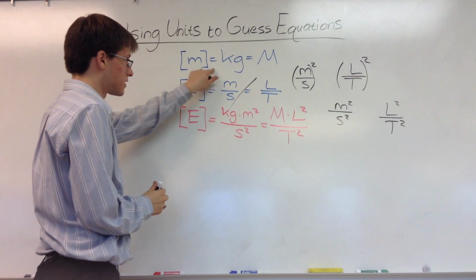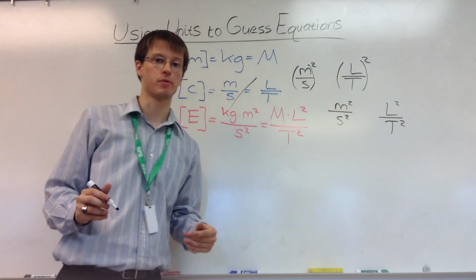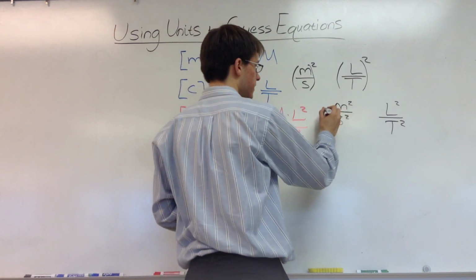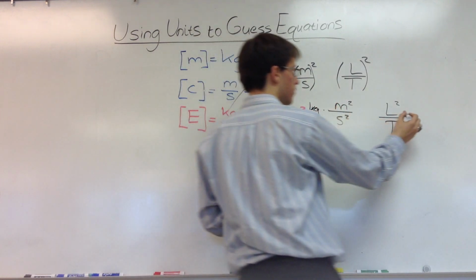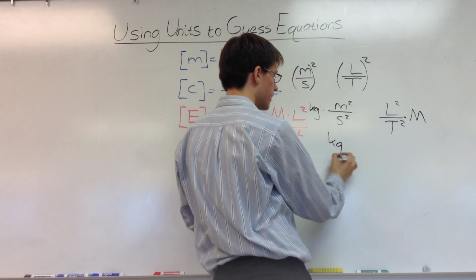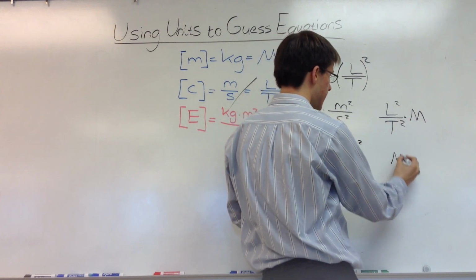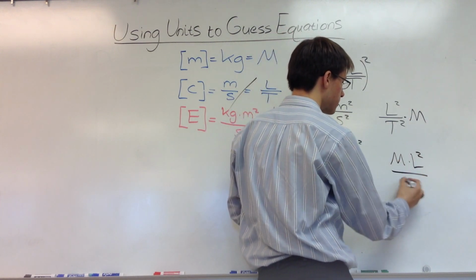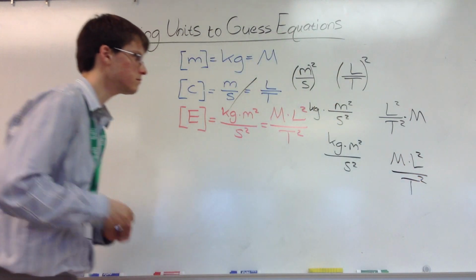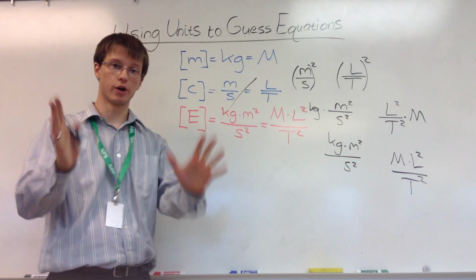It's pretty easy to do since this is a mass. So if you want to put a mass into the numerator, you're going to multiply it. So we're going to multiply this by kilograms, multiply this by mass. This gives us kilograms meters squared over seconds squared, and this gives us mass times length squared over time squared. These match these, which means we are good.